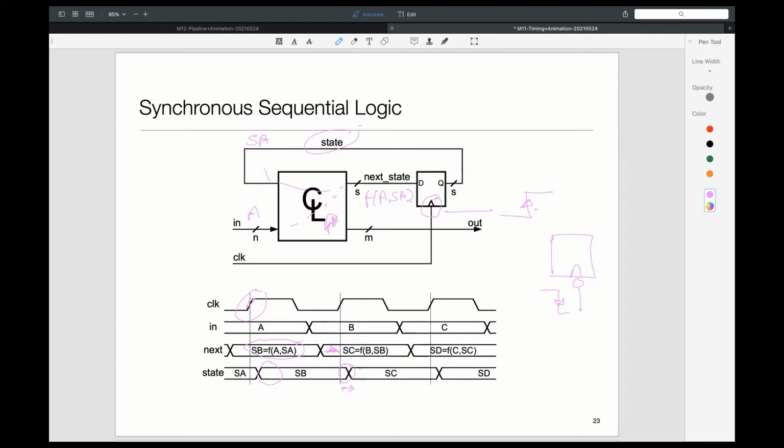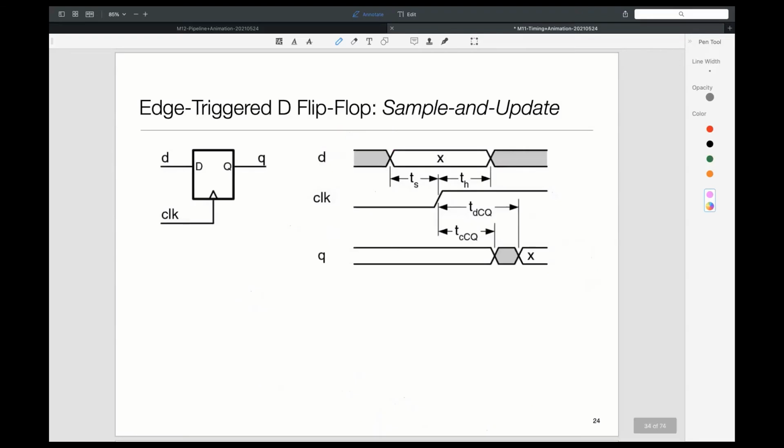There is some requirement that it should remain stable, and actually not just until the clock edge, perhaps a little bit after the clock edge also. So two things follow: there is delay and there are stability requirements. And that's what we are going to be spending time on, because they play a very crucial role.